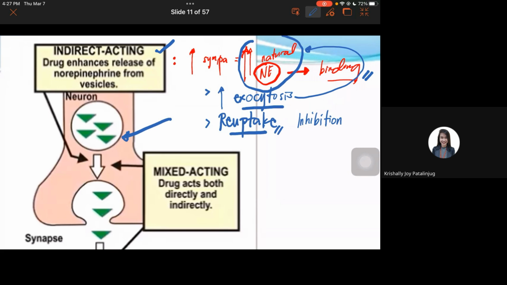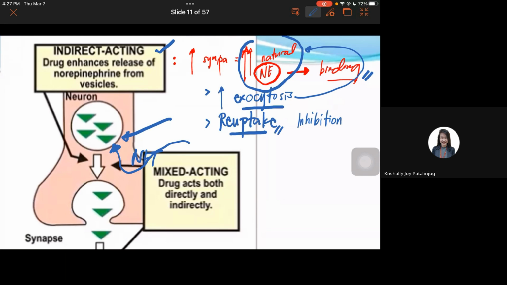It will be stored again via the NET, di ba? We have that, naalala yung NET na transporter. Yan yung passage transporter ngayon ng mga norepinephrine para ito'y maibalik sa presynapse.